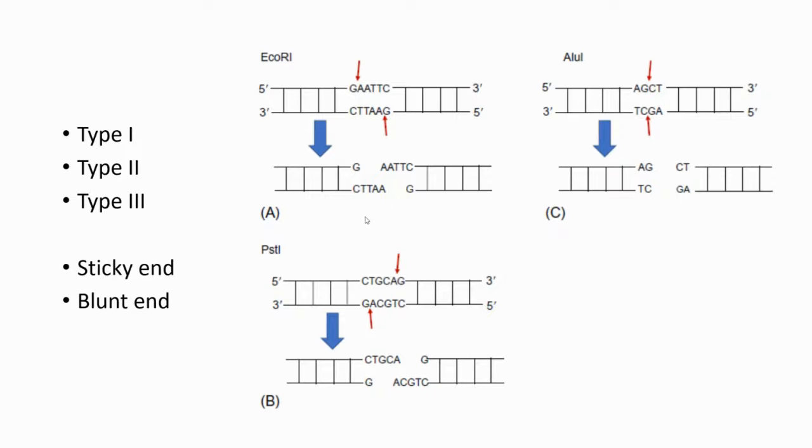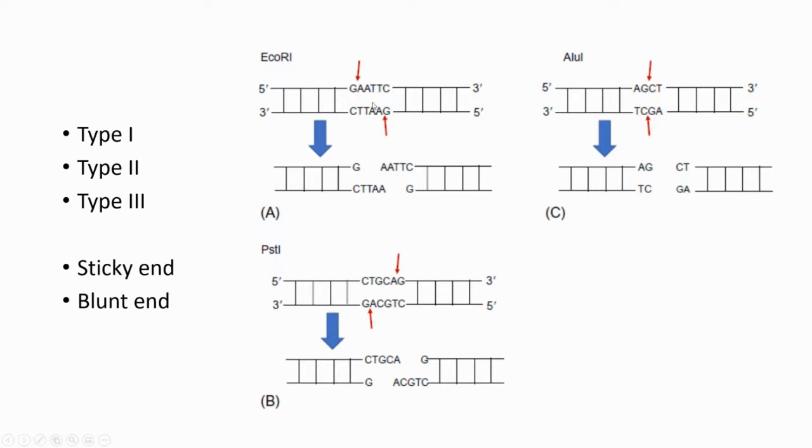Only for the type 2 restriction enzyme is the cleavage site exactly the same as the recognition site. For example, the EcoRI enzyme recognizes GAATTC, and the complementary strand is also GAATTC, a hexamer, a palindromic sequence.